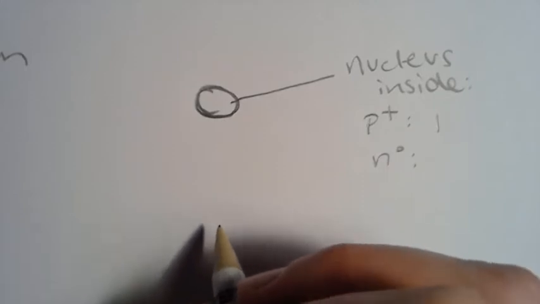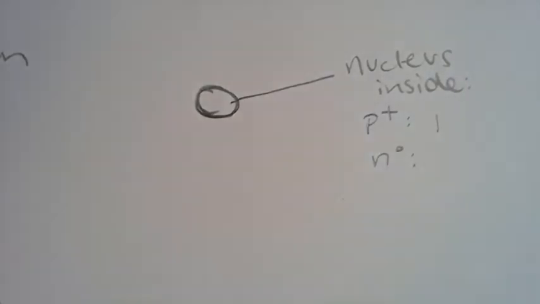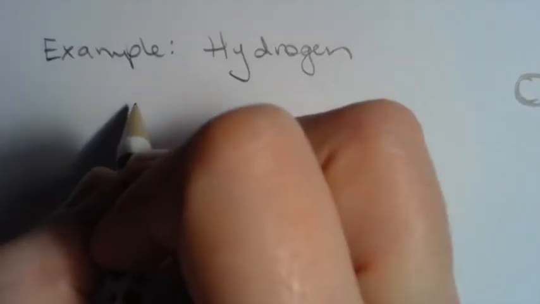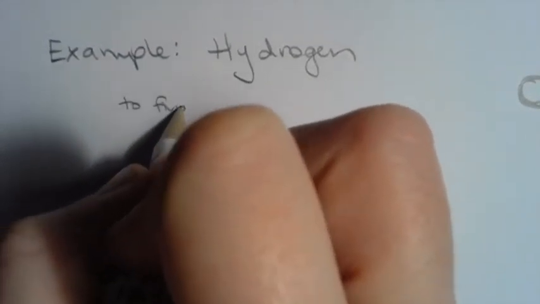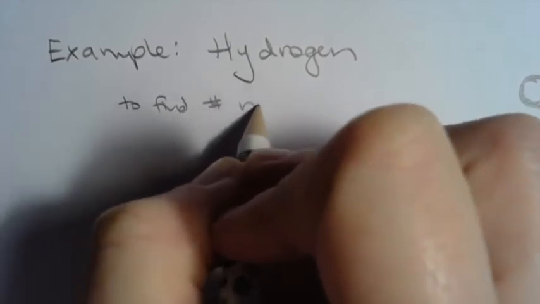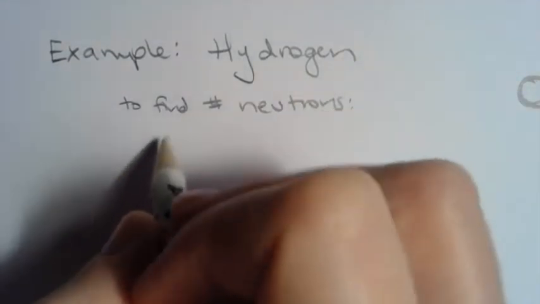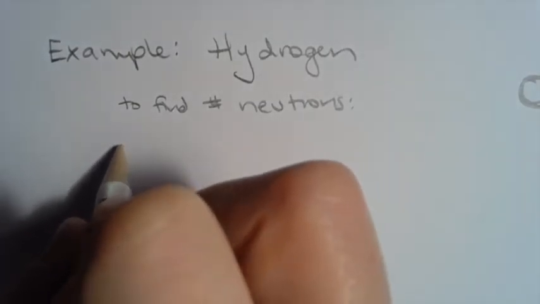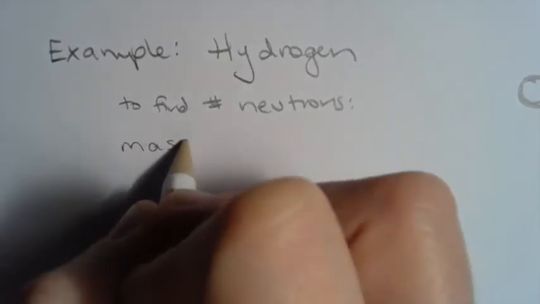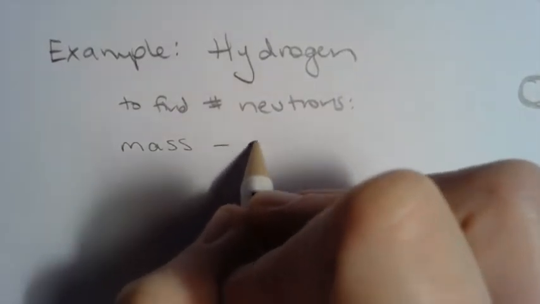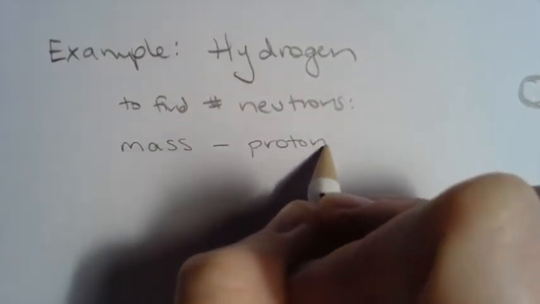To find how many neutrons, we take the mass minus protons equals neutrons.